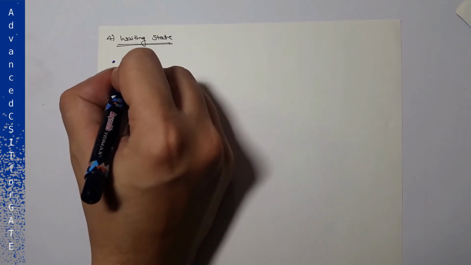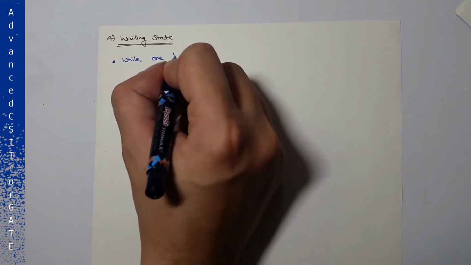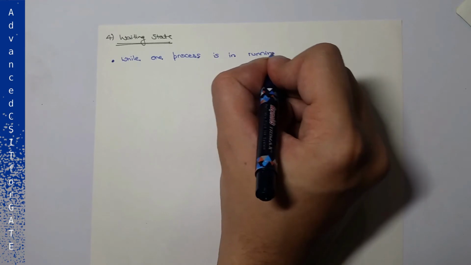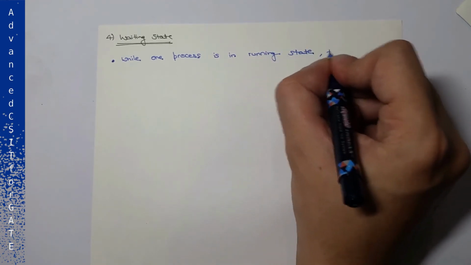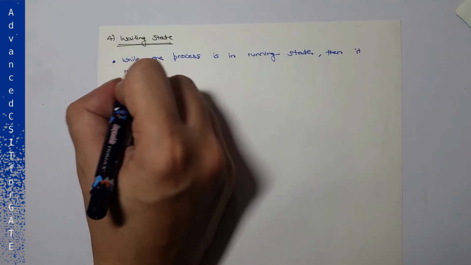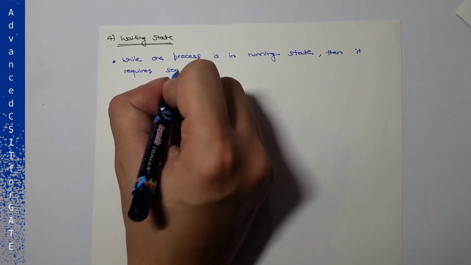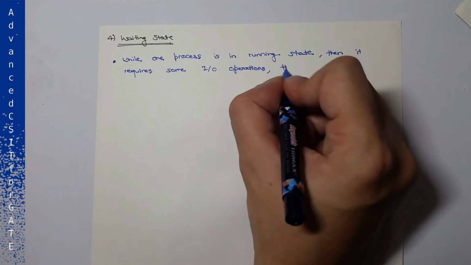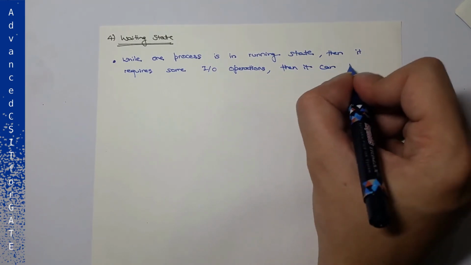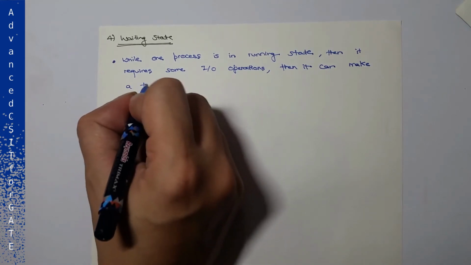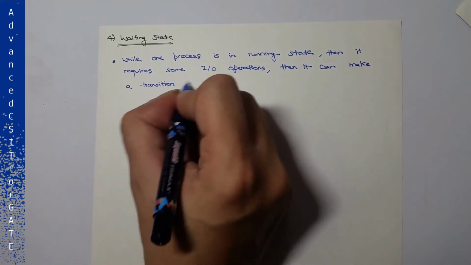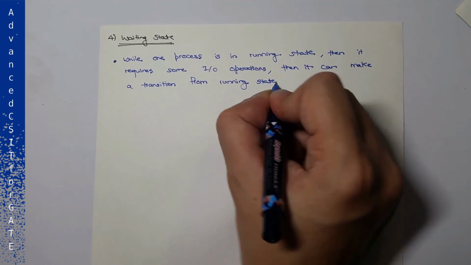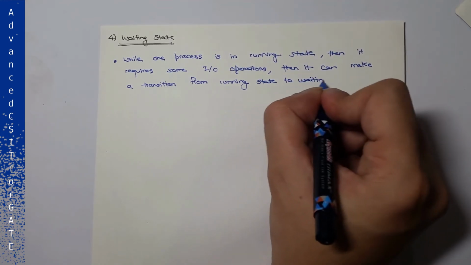So the first point is, while one process is in running state, then it requires some input output operations, then it can make a transition from running state to waiting state.